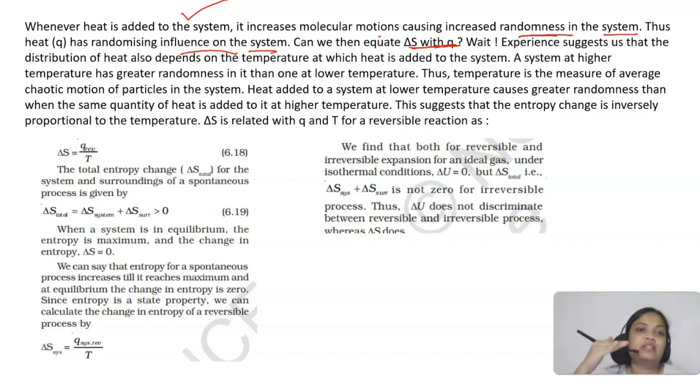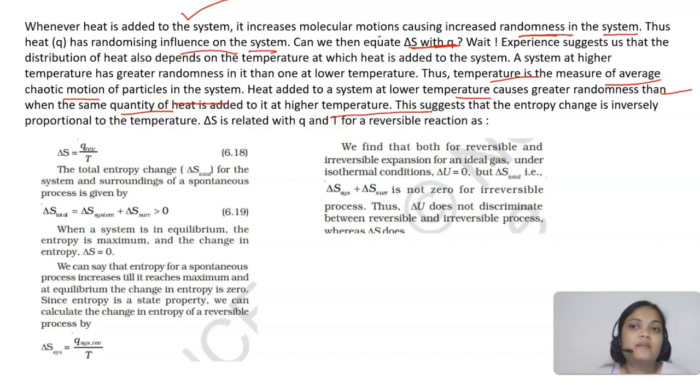If a system is at higher temperature, it will have greater randomness than one at lower temperature, and temperature is the measure of average chaotic motion of particles. So if heat is added to a system at lower temperature, it causes greater randomness than when the same quantity of heat is added at higher temperature.